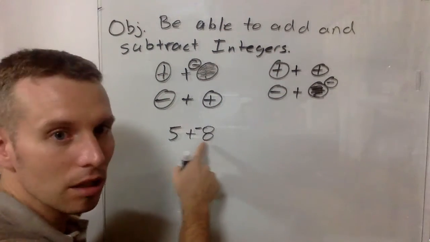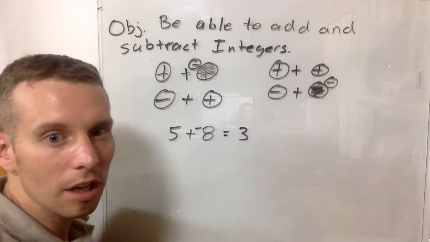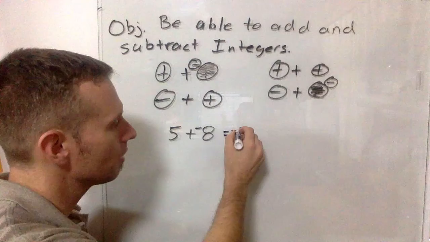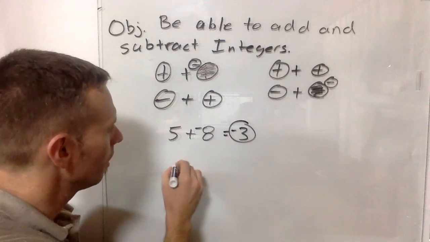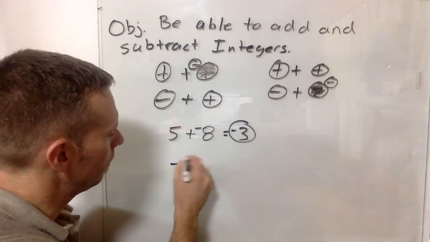So 8 minus 5 equals 3. And then, since the 8 was the larger number and the 8 was negative, this answer is going to be a negative 3.